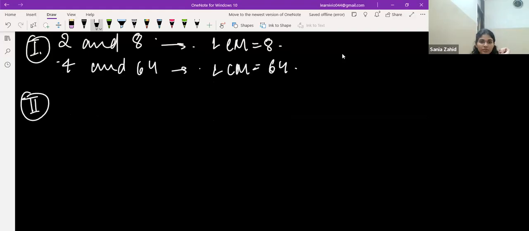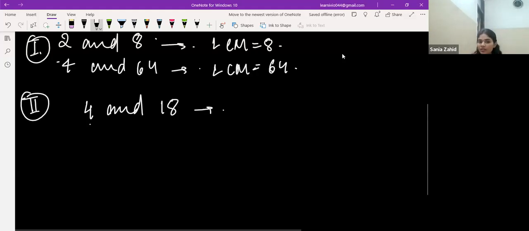For example, you have 4 and 18. See, 18 does not come in the table of 4. But 4 and 18 have a common factor. What is the common factor for 4 and 18? Two. 2 is a common factor.